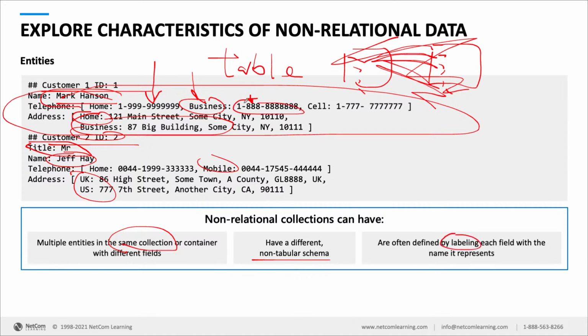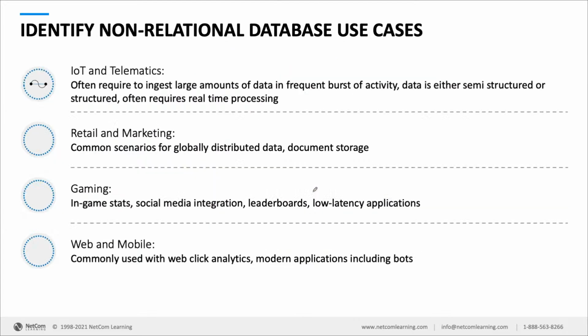This is the number for business phone number, and this is for mobile. We have a lot of labels to identify those data. And how you are going to process data, you use the label together with the value.